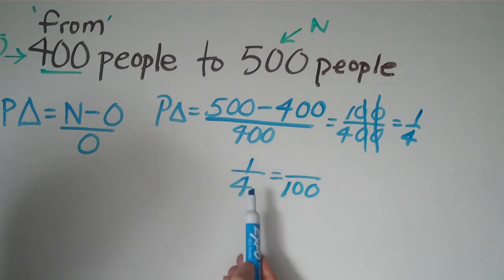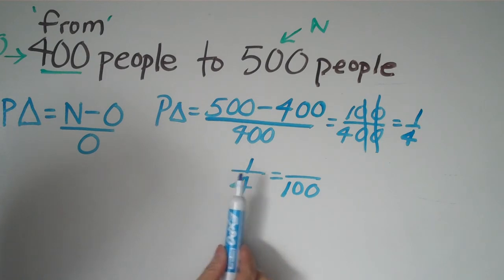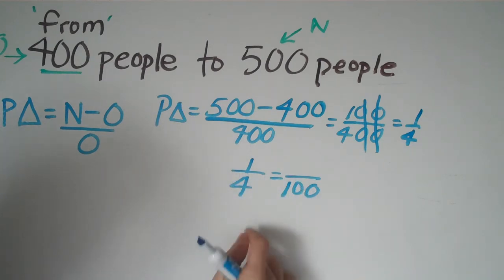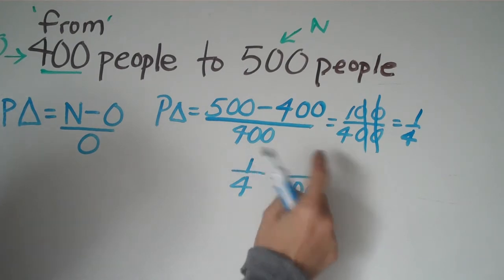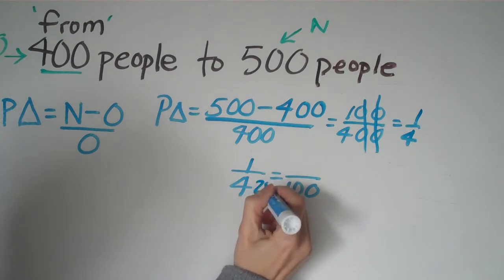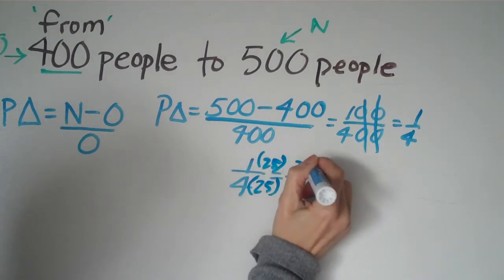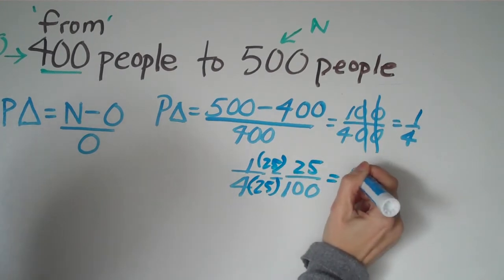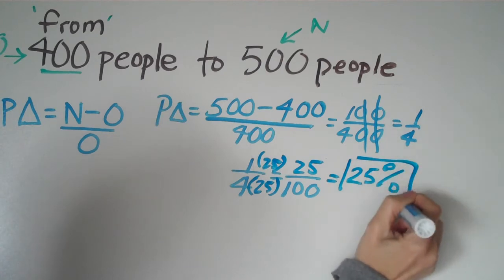So we learned this in prior lessons, that when you're going from a fraction and you want to turn that into a percent, if you can find the number over 100, that top number will be the percent. So 4 times 25 is 100. 1 times 25 is simply 25. So our number here would be 25%. And that would be our final answer.